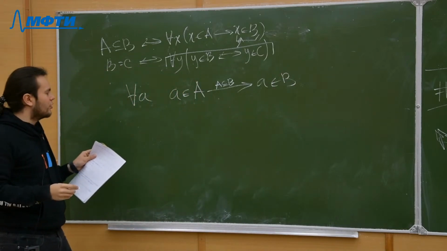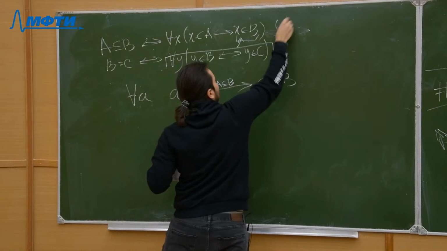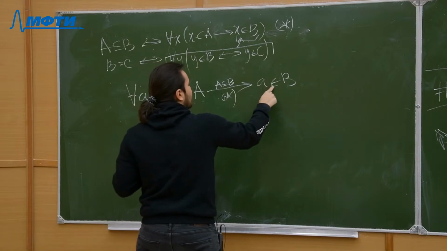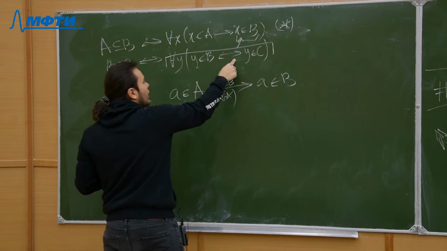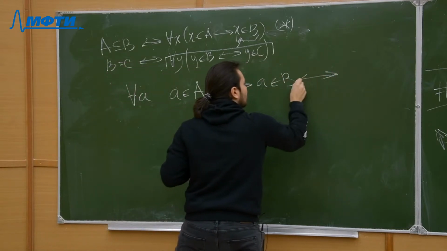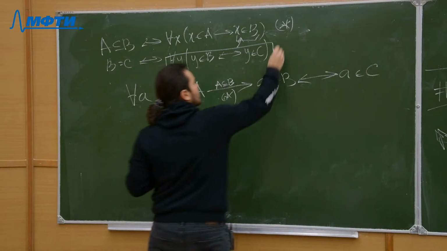By definition. And now, since a belongs to B, and for all b, b belongs to B if and only if b belongs to C, a belongs to C. So this is by this condition.